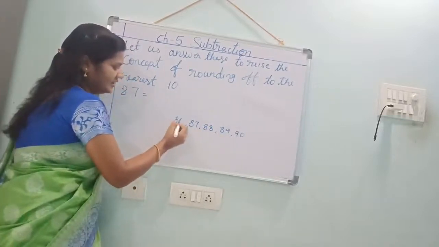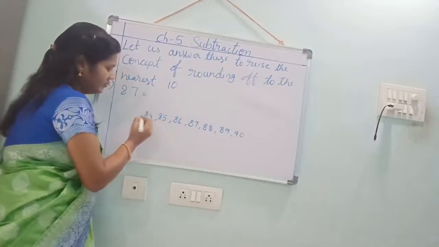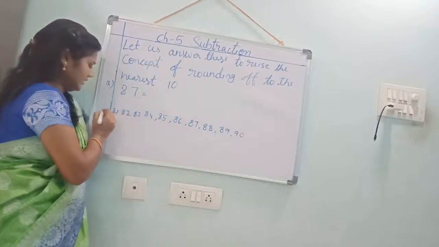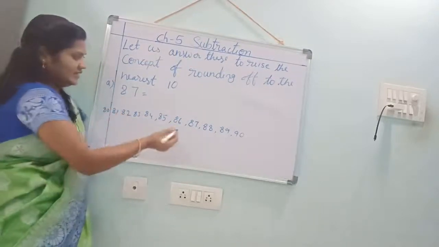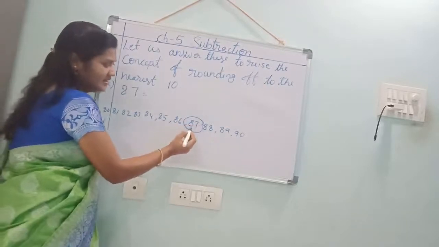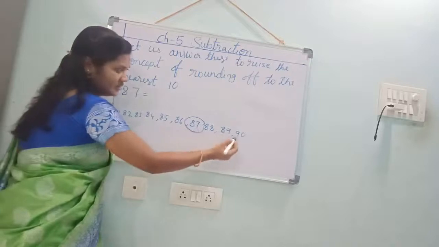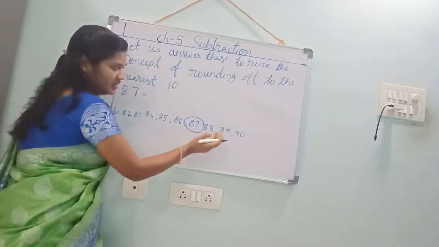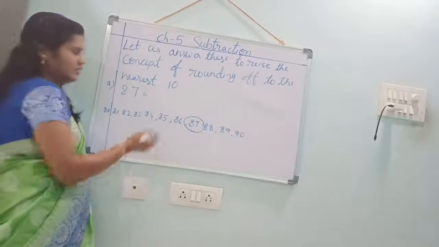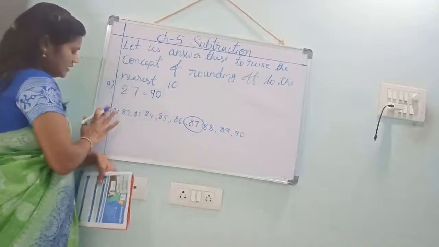Here 86, 85, 84, 83, 82, 81, 80. 87 is here. In this nearest tens which number will come? This one, because only 1, 2 numbers after 90 will come. That's why 90 is the nearest tens. Understood children?